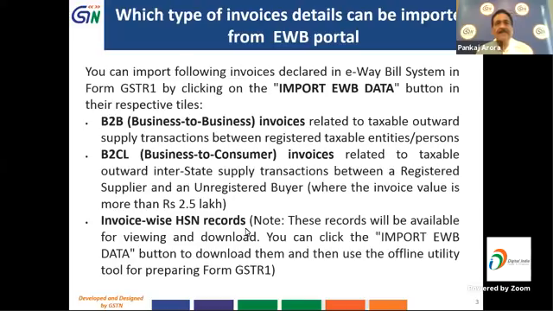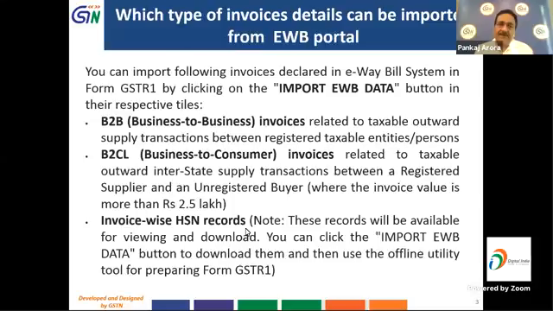So to begin with, as you all know, while preparing the e-way bill on the e-way bill portal, the person fetches certain details about the taxable supply, the outward type of supply. If the type of supply is outward supply, then the relevant details like the tax invoice number, date, the commodity details, HSN code, the tax rates, and the tax segment are to be declared while generating the e-way bill.